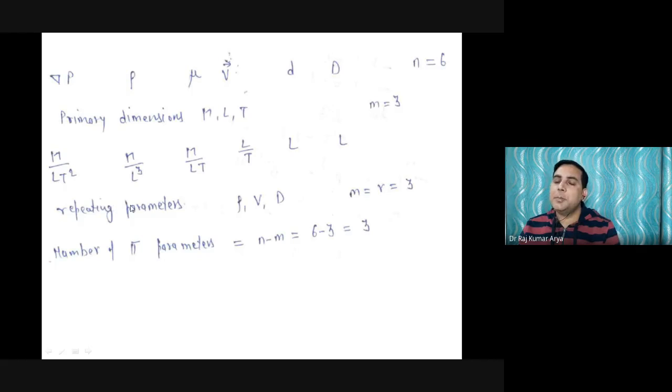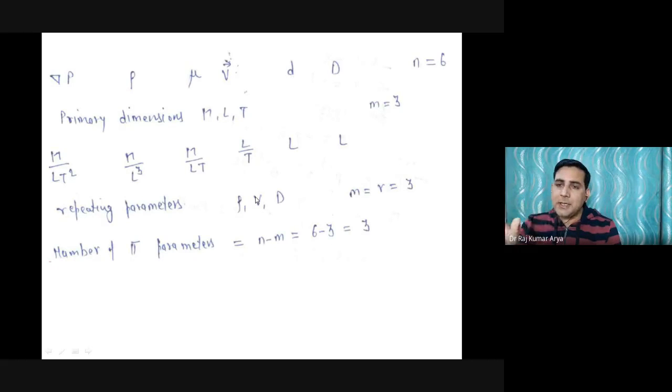Repeating parameters you choose in such a way that all primary dimensions come at least once, in the least power. Take care of that. The guidelines we gave: if you have density, choose that. If you have velocity, choose that. If you have length or D, choose that. So these are your repeating variables.